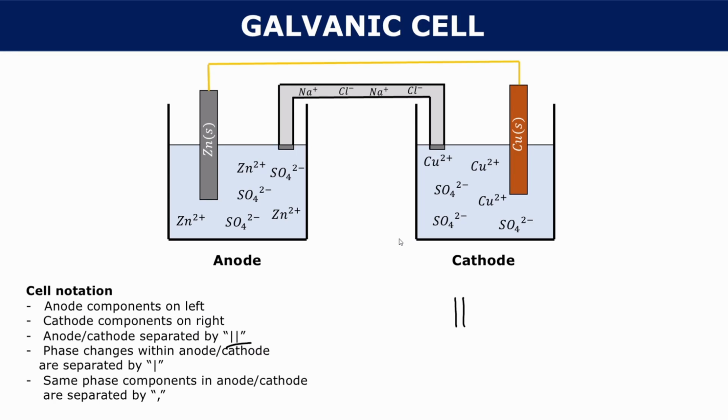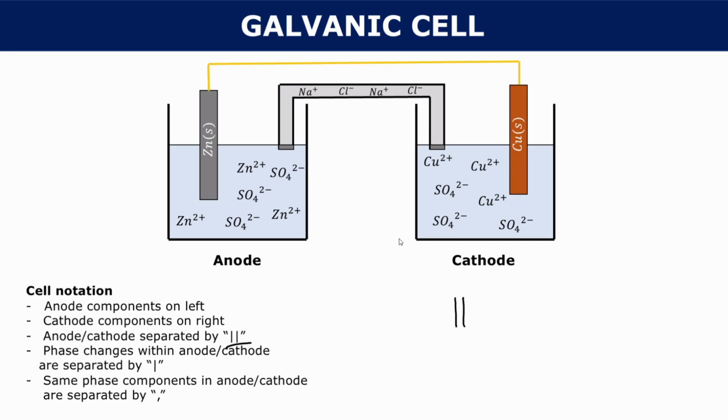All right, let's keep reading. So phase changes within the anode or cathode are separated by a single vertical line, and same phase components in anode or cathode are separated by a comma. All right, so let me just do an example here so that you understand how to write cell notation for this particular galvanic cell.